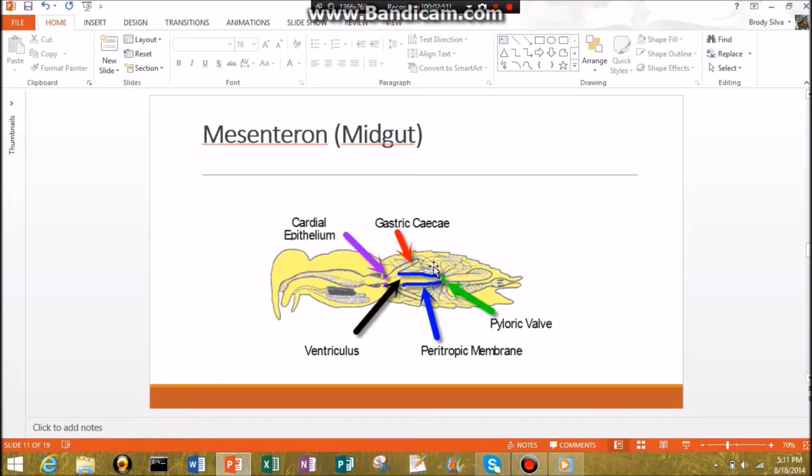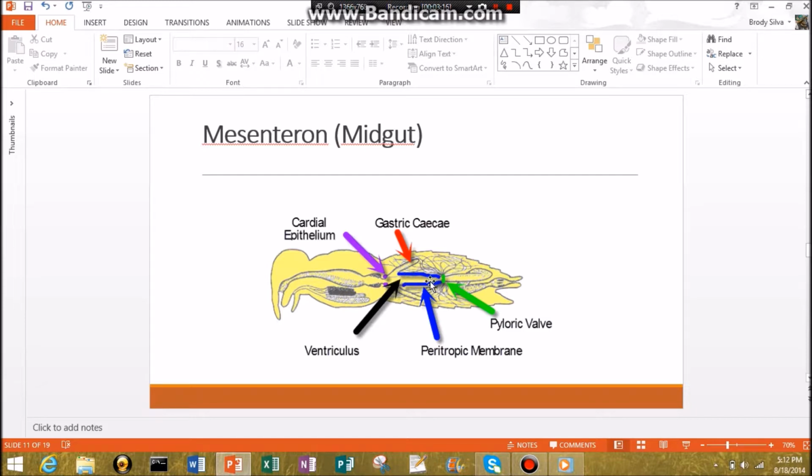Here we have the mesenteron, the midgut. After going through the stomodeal valve, we have the cardiac epithelium, which basically mushes the food up into pretty much a liquid form, and also excretes enzymes to help with that, kind of like saliva. Here we have the ventriculus, which is the main part of the mesenteron.